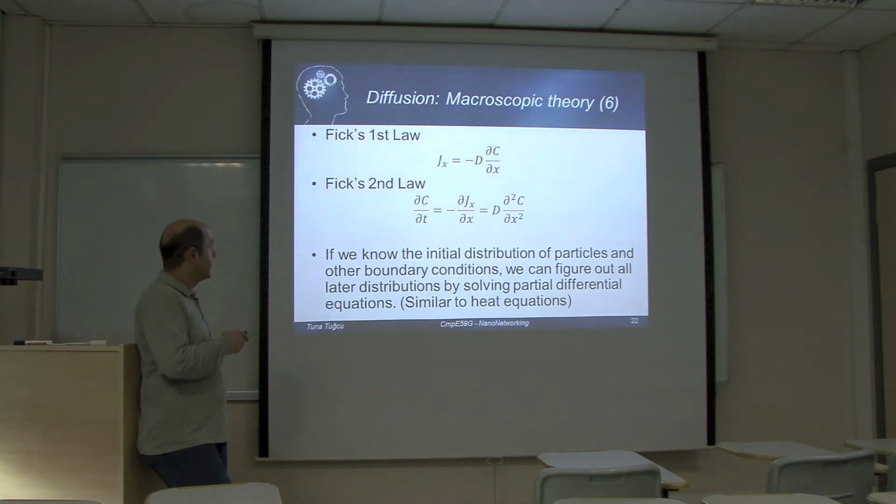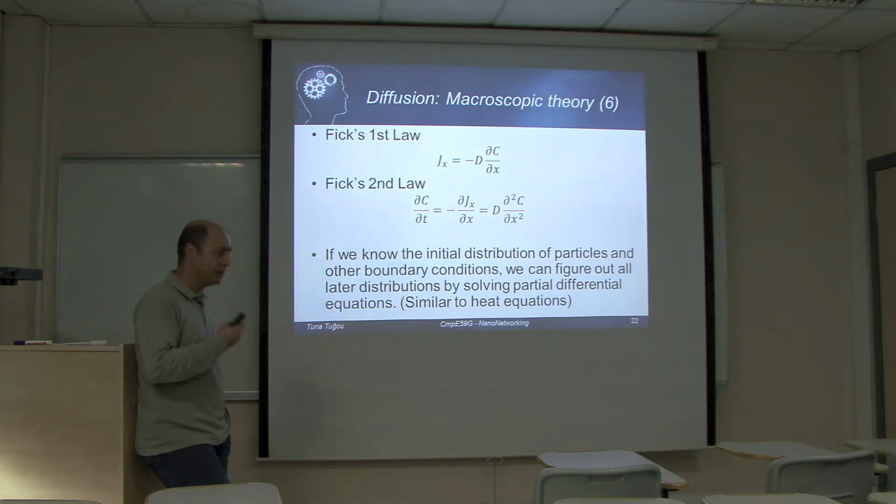Fick's second law is the change of concentration with respect to time, which is minus del flux del x, which is actually, if you substitute it, D times the second partial derivative of c with respect to x. Okay? So if we know the initial distribution of particles in the environment and other boundary conditions, now we can figure out all later distributions by solving partial differential equations.